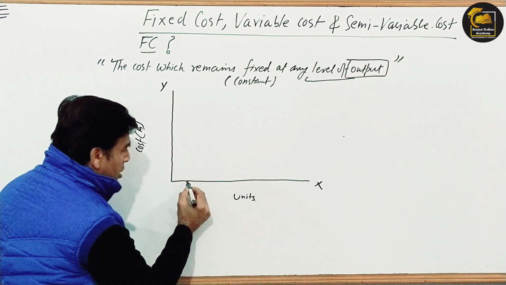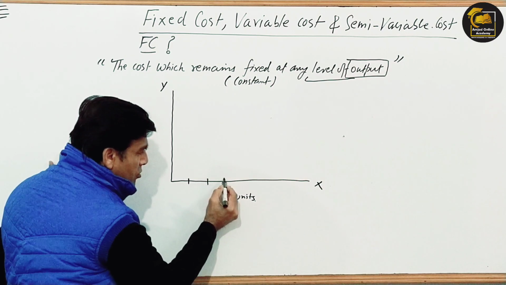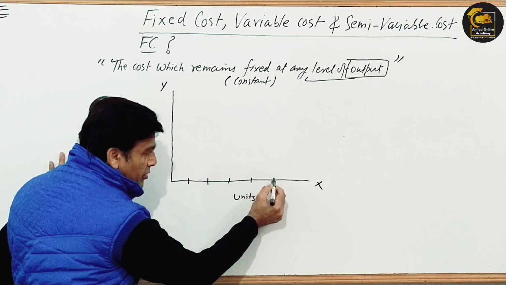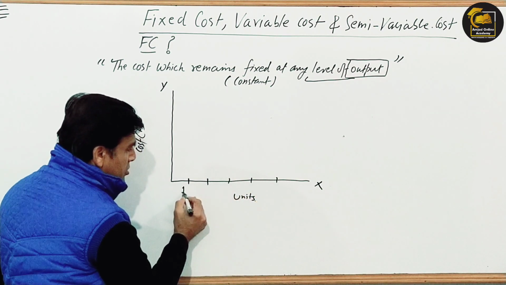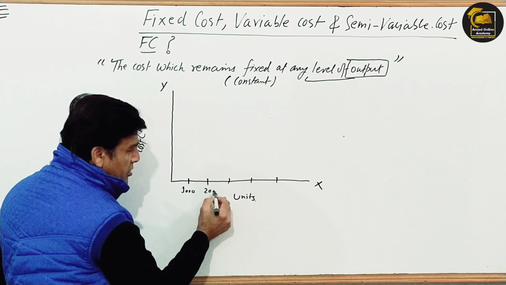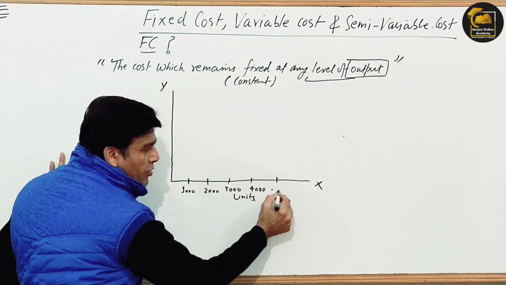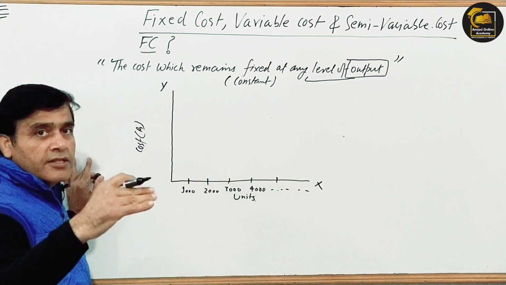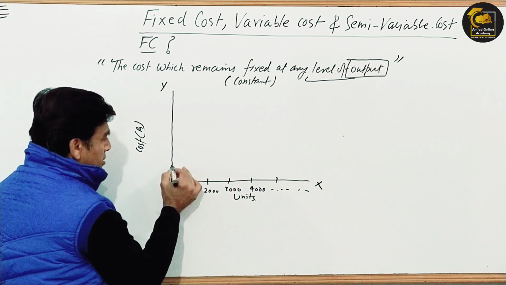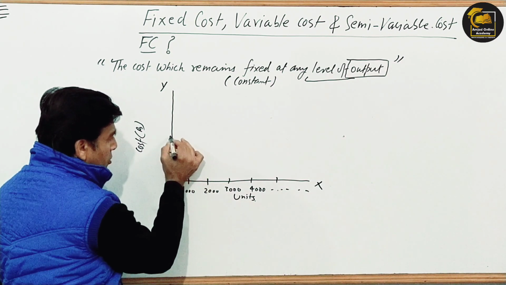So when you are producing many levels of output, suppose 1,000, 2,000, 3,000, 4,000, up to 5,000, 6,000, right? And this is the scale of rupees cost.